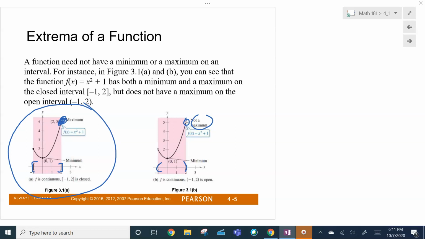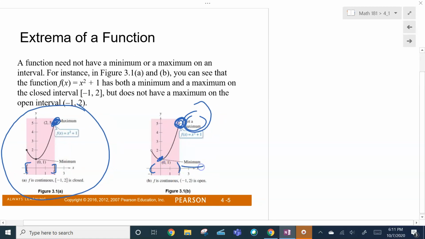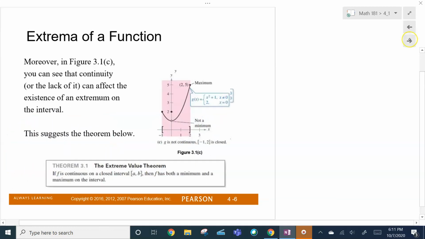There's another y value even closer on that parabola, 4.999. There's always a higher point, but not a highest point, because that point is not on the interval. So there's no maximum, but there is a minimum on this one, right there. So think about whether it's open or closed and what that gives you.